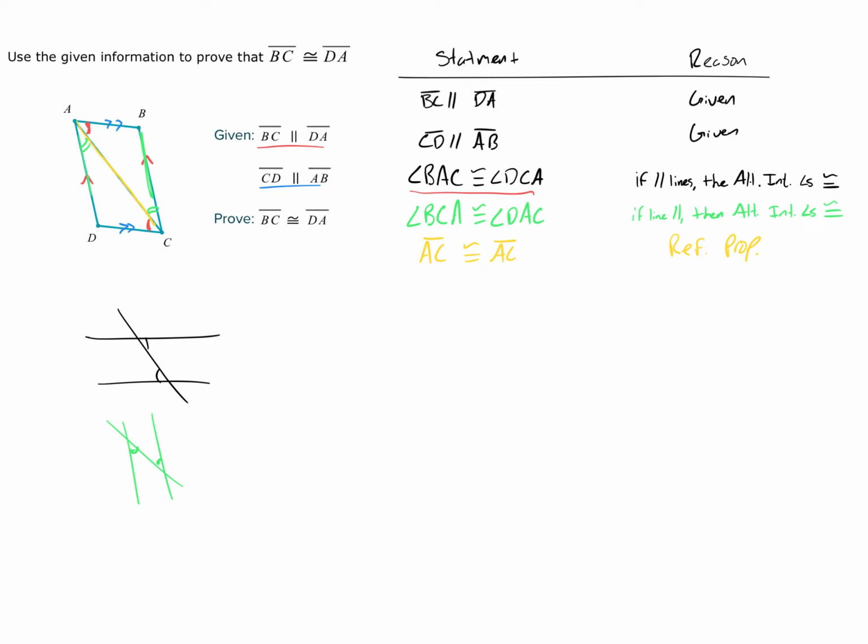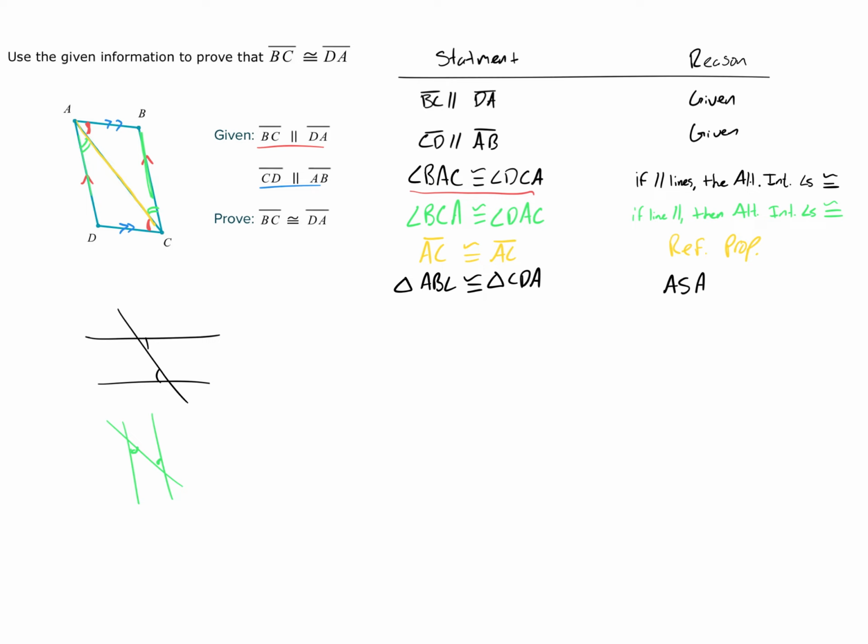And now, because I said an angle, a side, and an angle corresponds to an angle, a side, and an angle of two different triangles, I can conclude that triangle ABC is congruent to, and I need to make sure I'm sticking to the same order here, triangle CDA. And I would know that by the angle side angle property.